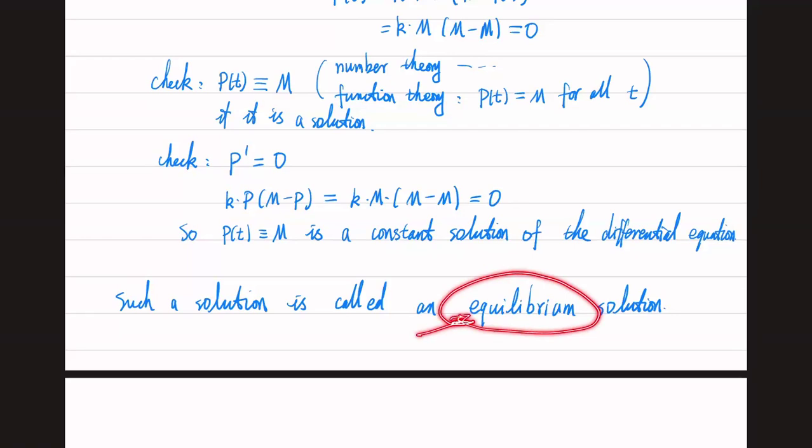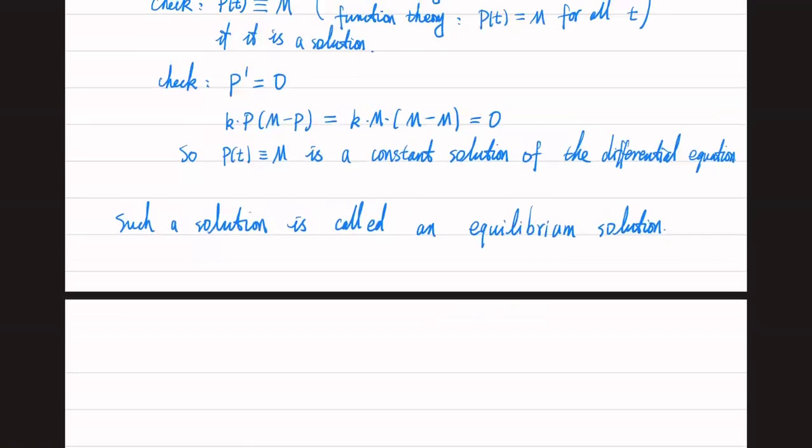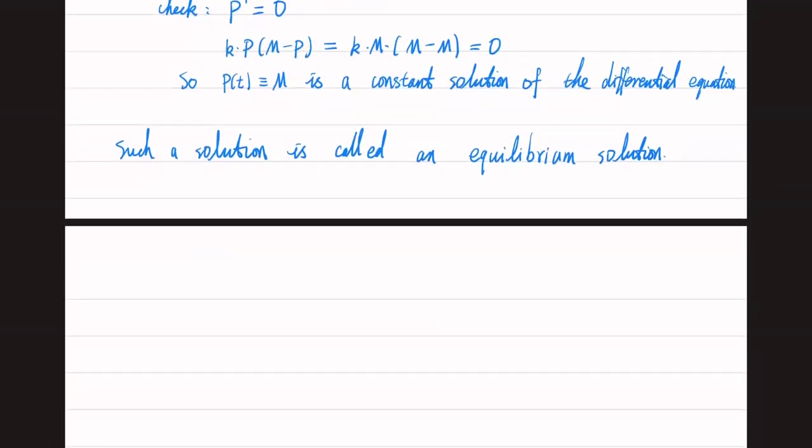It means something in a balanced state. It's not moving left, not moving right. You stay put. Maybe it's the same thing. So what our function has is that it stays at m, not increasing, not decreasing, but constant.